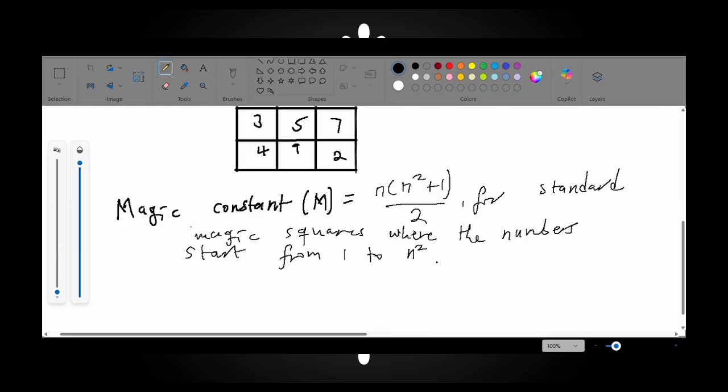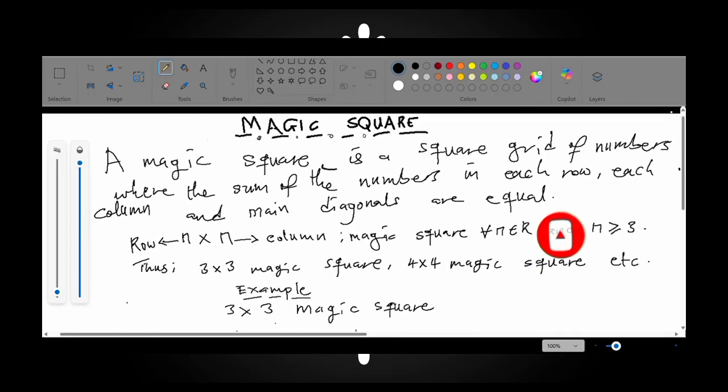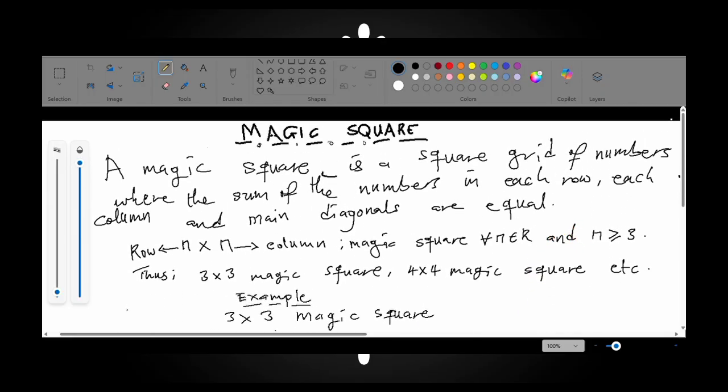And the formula for calculating a magic constant for such is n times (n squared plus 1) all over what? 2. So this magic constant, that is what we just read here, that a magic square is a square grid of numbers where the sum of the numbers in each row, each column, and main diagonals are what?